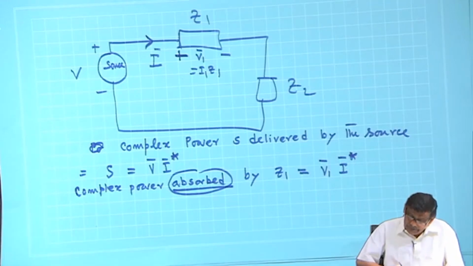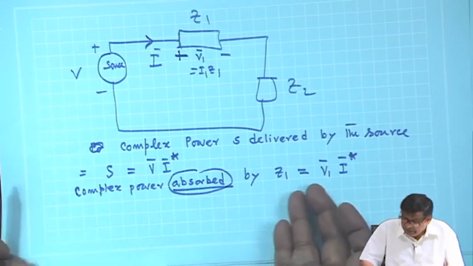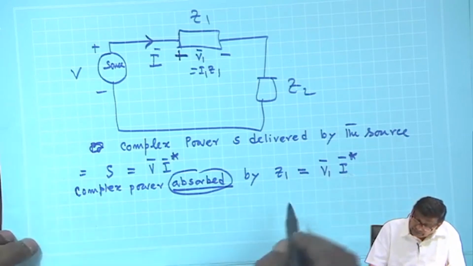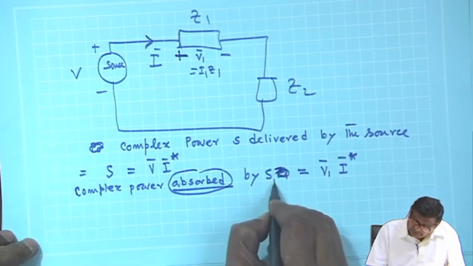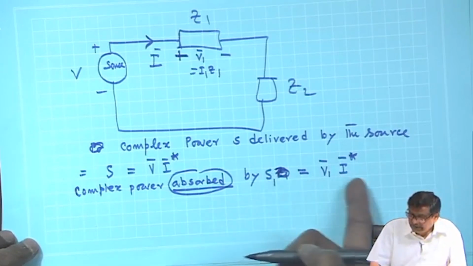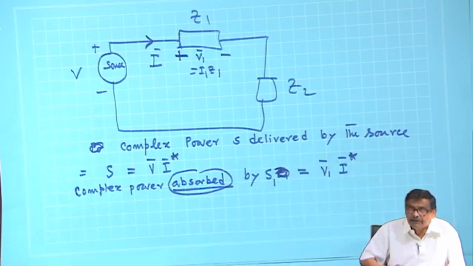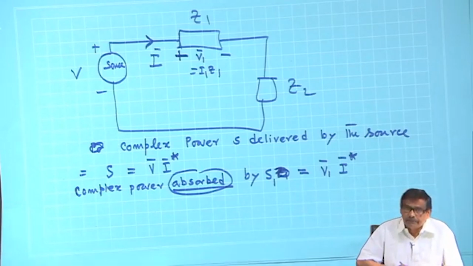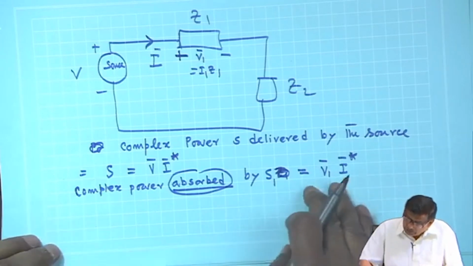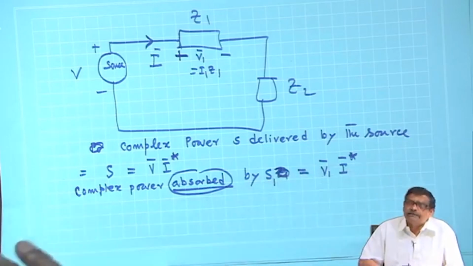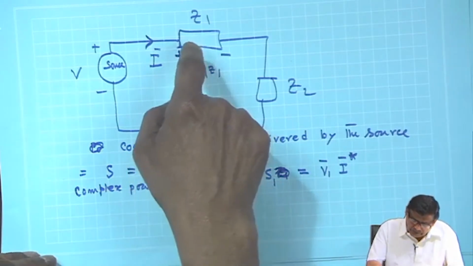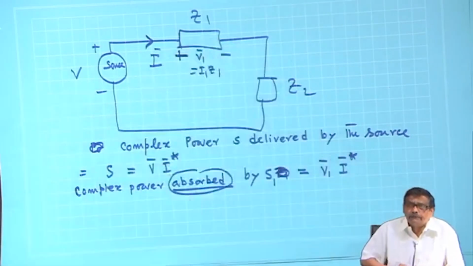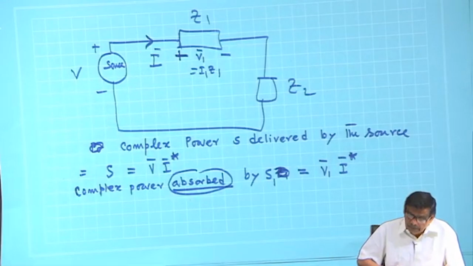If after calculation you find both the real and imaginary part of this quantity S1, the real part gives you the real power and the imaginary part gives you the reactive power. If both of them are positive, I will say kilowatt is absorbed as well as reactive power is absorbed. Understood?